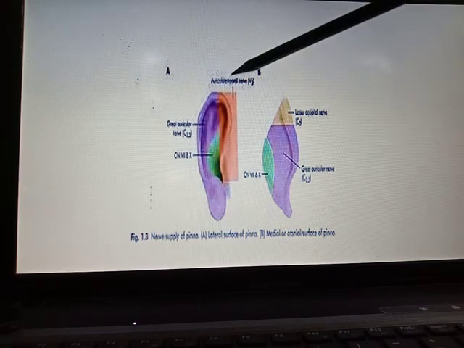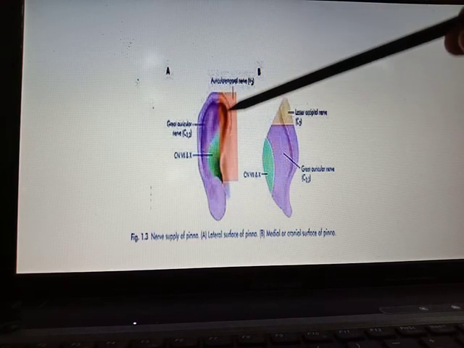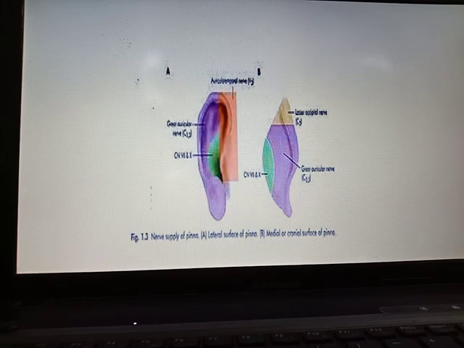Sometimes this auriculotemporal nerve provides some sensory supply to this region. Okay. Then come to the motor supply, the temporal and the posterior auricular branch of the facial nerve. The facial nerve provides the motor supply to this auricle. Okay.